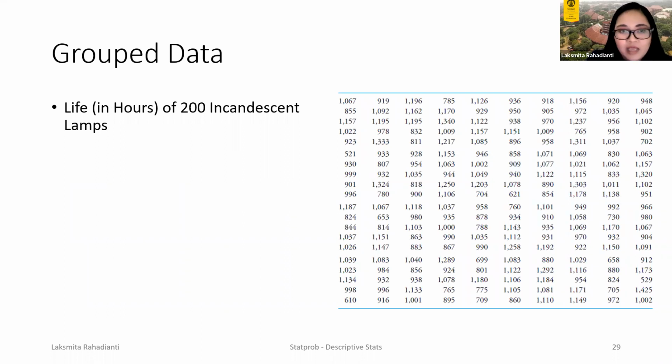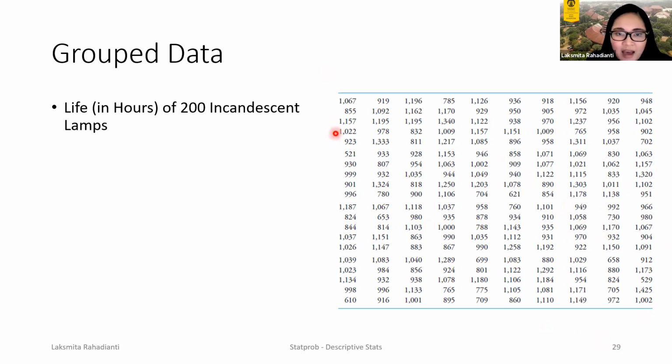For example, here I have the life of 200 incandescent lamps. As you can see here, there are so many values. I'm not even talking about continuous values yet. I'm still talking about discrete hours. But I have a really wide range of possible values here.